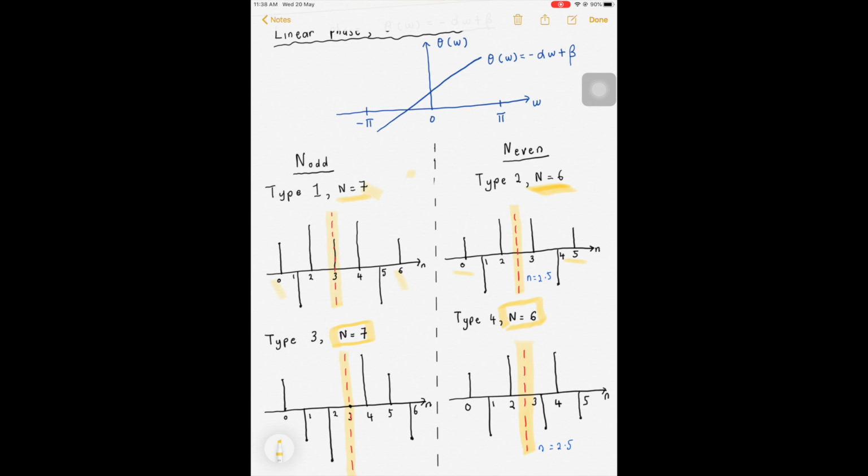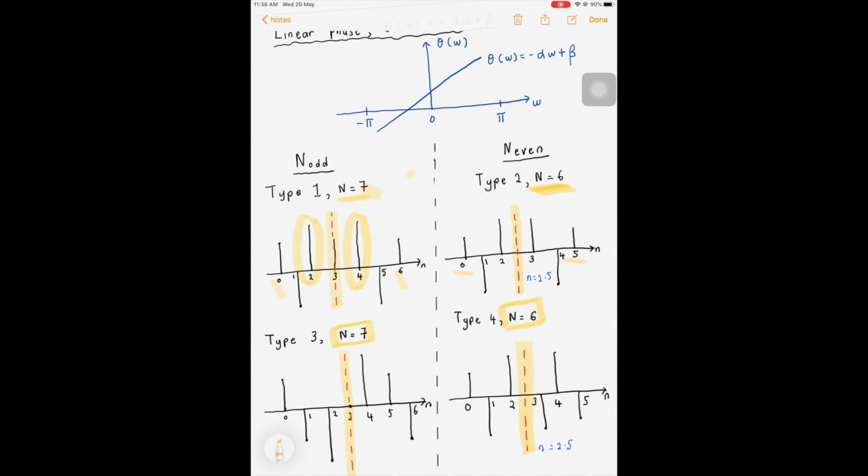If you compare here, type 1 and type 2 are symmetric sequences. Why symmetric? Because if you flip the values, you still get the same values. At n equal to 2 and n equal to 4, you still have the same magnitude, 4, 2 and 4.